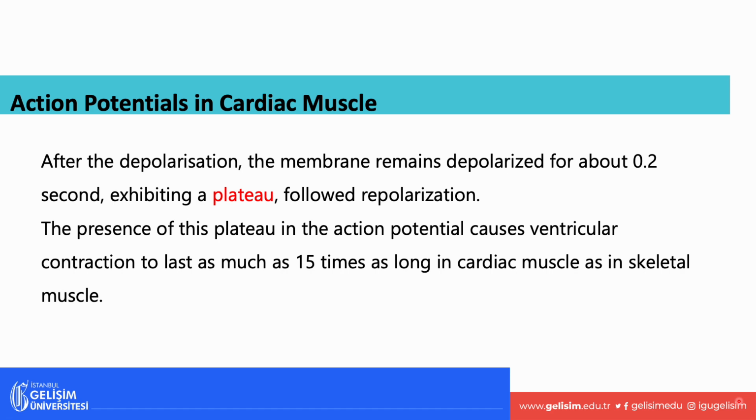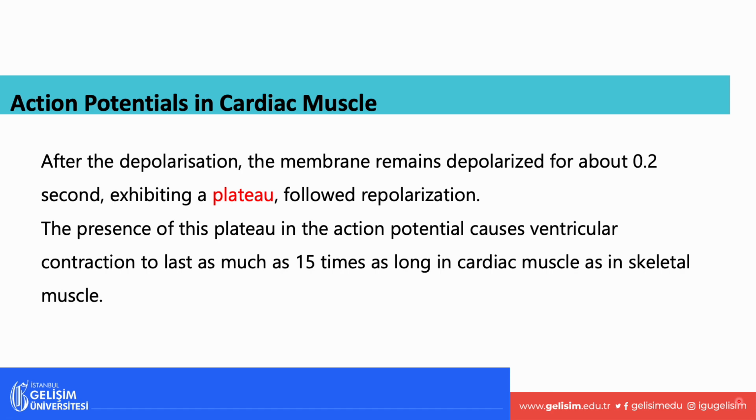However, unlike skeletal muscle cells, the membrane of a cardiac muscle cell remains depolarized for about 0.2 seconds before repolarizing. So during this plateau phase, the cell membrane is less permeable to ions, which helps to maintain the depolarized state. And this is important because it allows the heart to contract for a longer period of time than skeletal muscles, which have much shorter contractions.